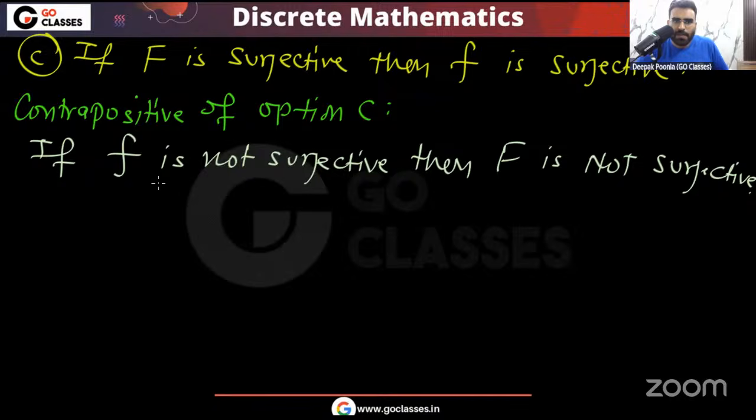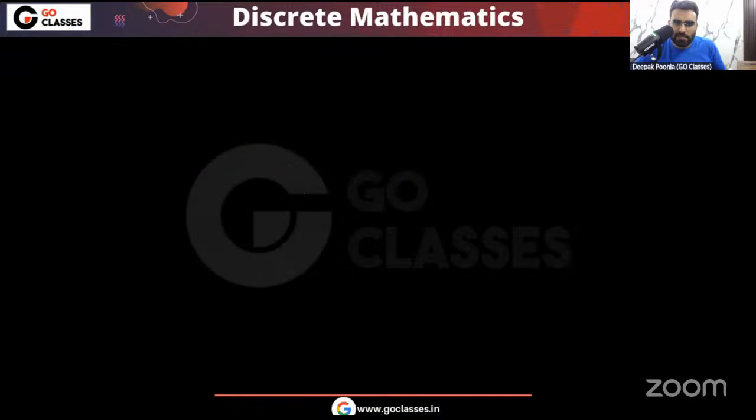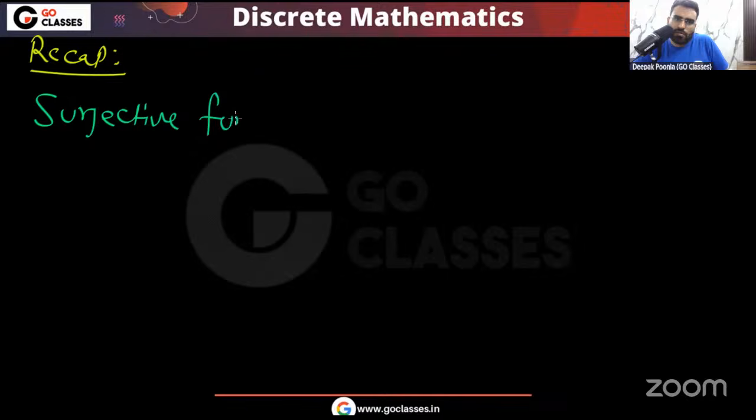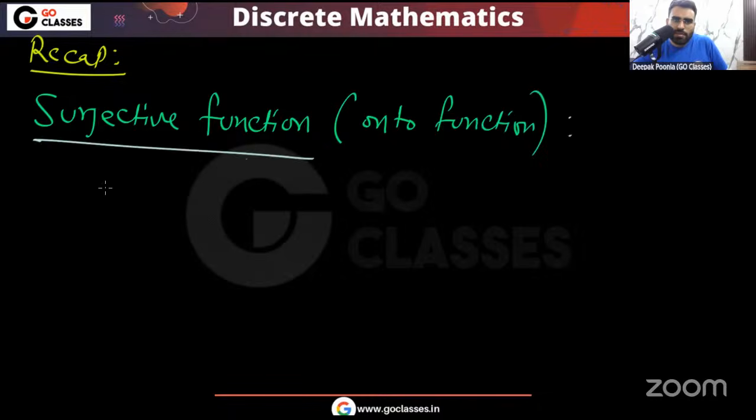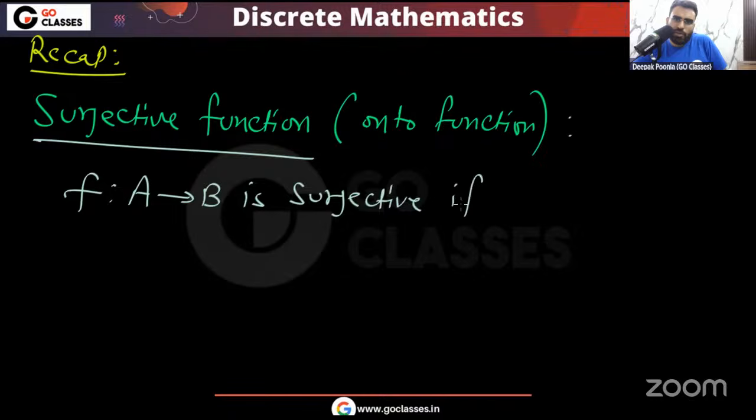Can I prove this? First, what is the meaning of surjection? Let's recap the definition of a surjective function, also called an onto function. If f from set A to set B is onto, it is surjective if and only if for every element of the codomain there is at least one pre-image.